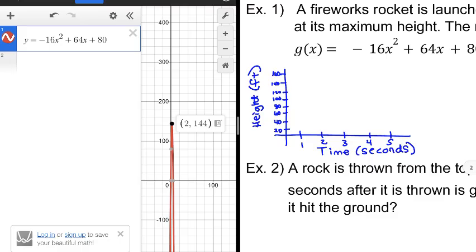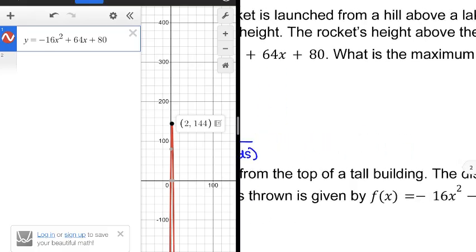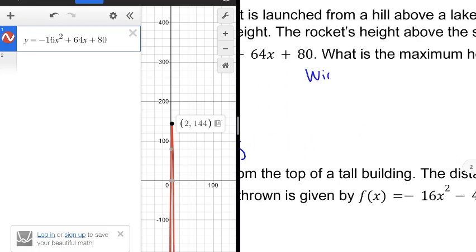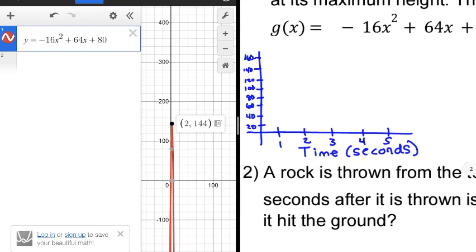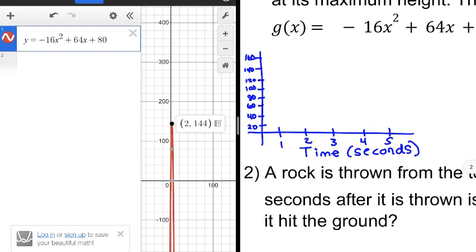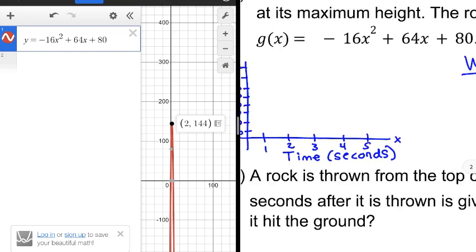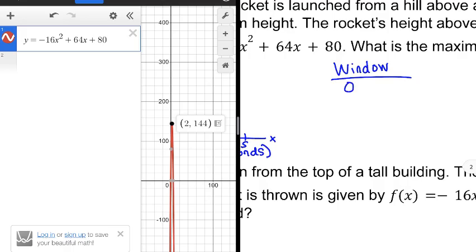Okay, so for our window, we are going to use this information to set up our window on Desmos. So I want y'all to put window here. The x values are going to go from 0 to 5. So see how my x-axis is basically 0 to 5. So let's go 0 to 5. 0 less than or equal to x less than or equal to 5. It's our domain.